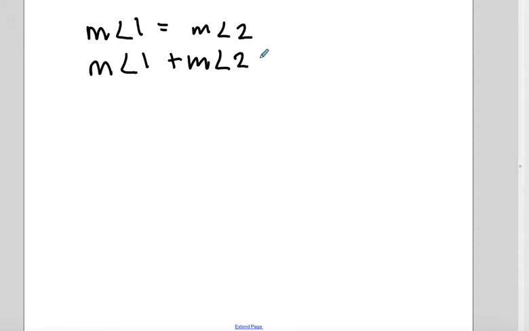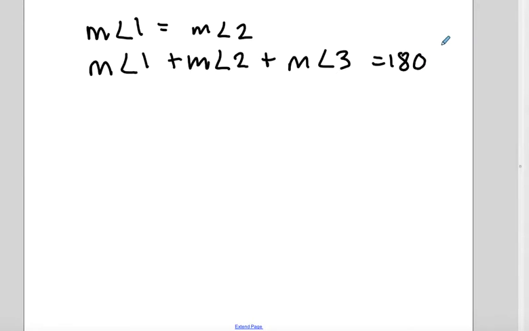I'm going to rewrite my two equations that I extracted from the facts given in the problem. I know that the measure of angle 1 equals the measure of angle 2, and I know that the measure of angle 1 plus the measure of angle 2 plus the measure of angle 3 equals 180 degrees.